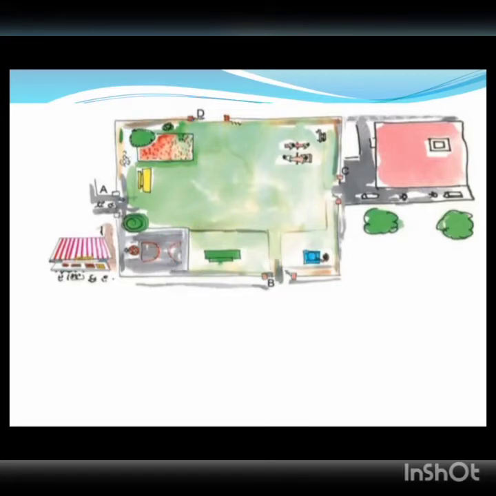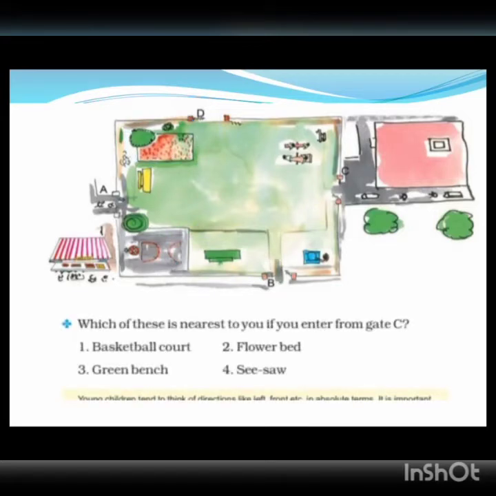And the last question, which of the following is nearest to you if you enter from gate C? Basketball court, flower bed, green bench or seesaw? Let's mark the following things in the given picture. First, basketball court. Second, flower bed.